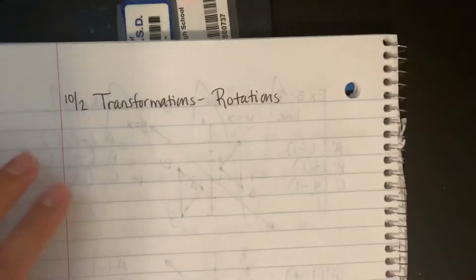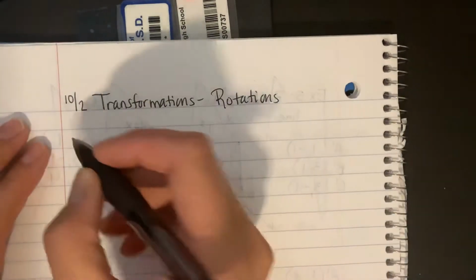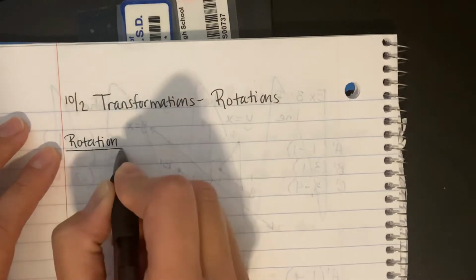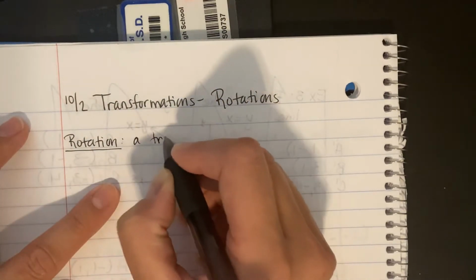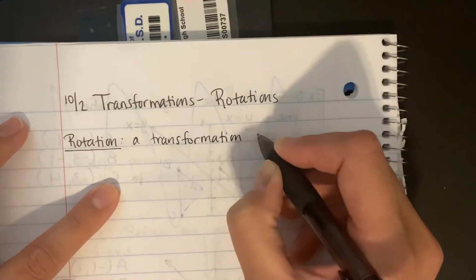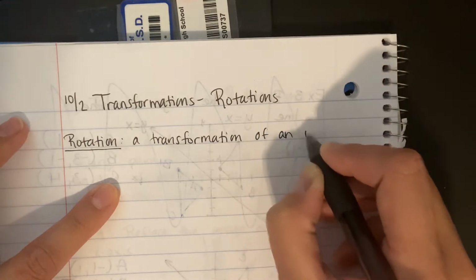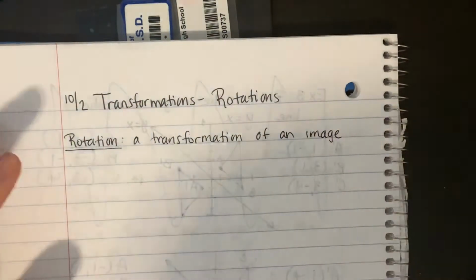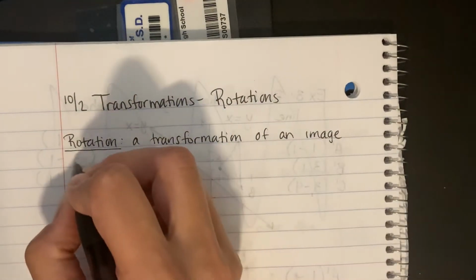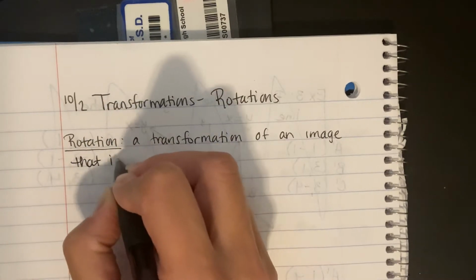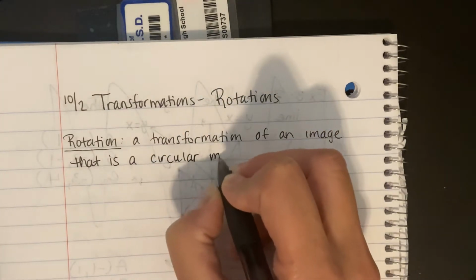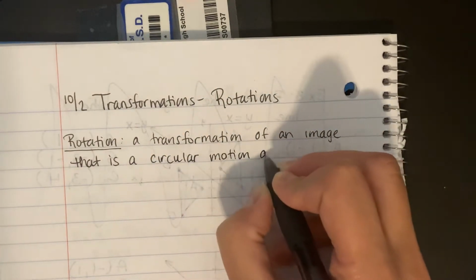All right, transformations, rotations. So let's first define what a rotation is. It's a transformation of an image that is a circular motion around a fixed point.